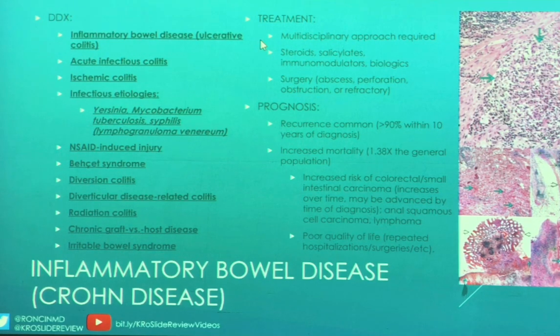It's really a multidisciplinary team and approach that's required to treat these patients. They try to use either steroids, biologics, immunomodulators, they kind of just throw everything at this and see what sticks. And they try to reserve surgery for absolute needs, so perforation, obstruction, refractory to medical treatment.